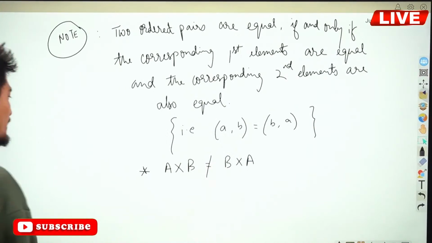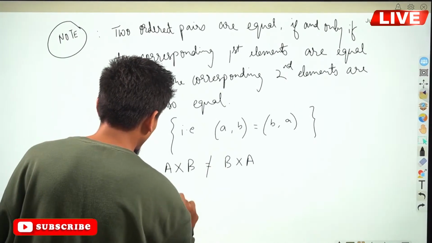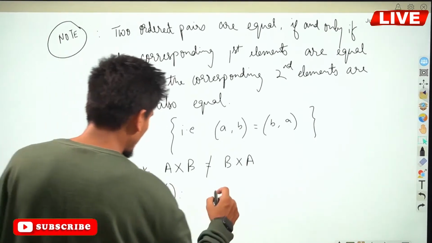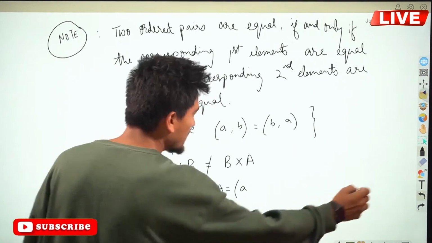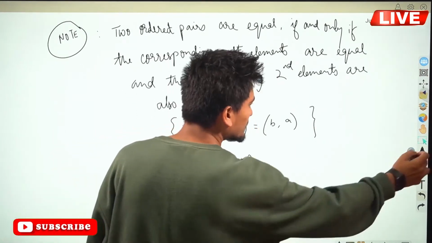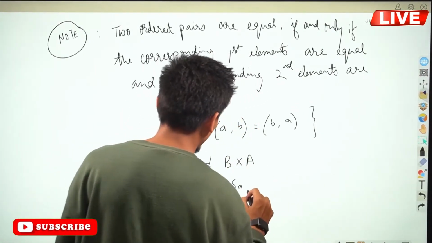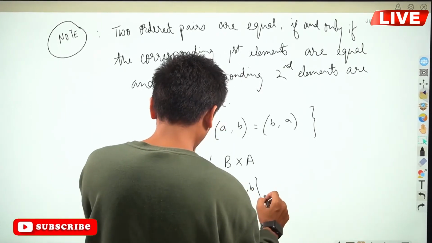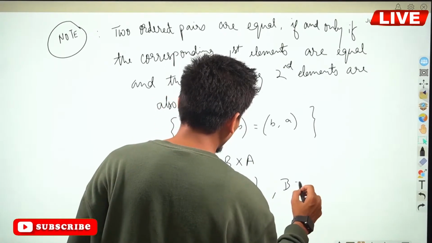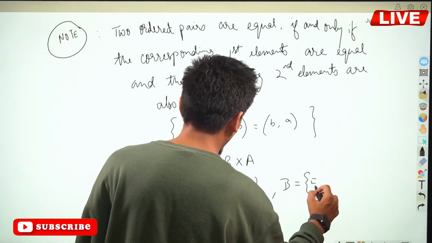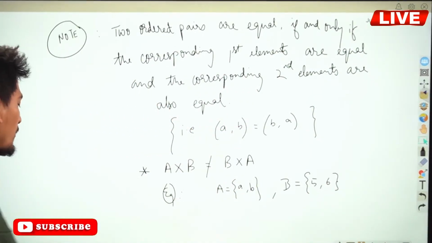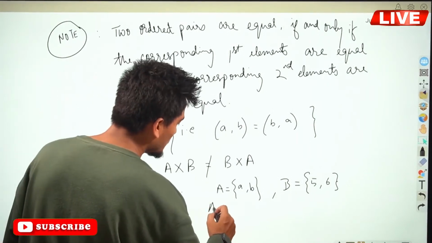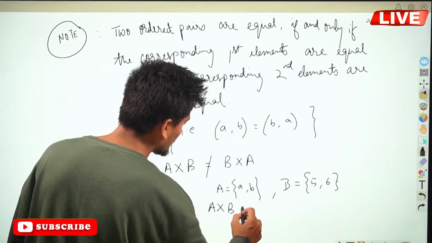Why? Let's take one example. Now see, say for example A is equal to A comma B, and B is equal to 5 comma 6. Now what is the Cartesian product of A and B?